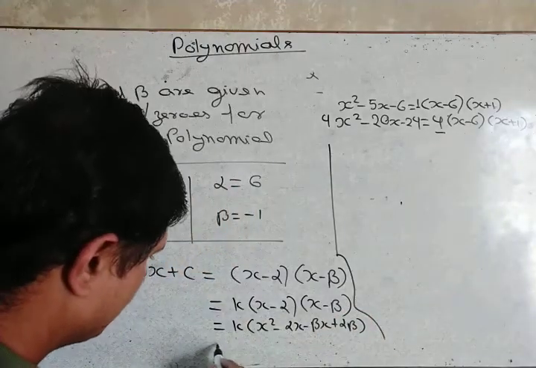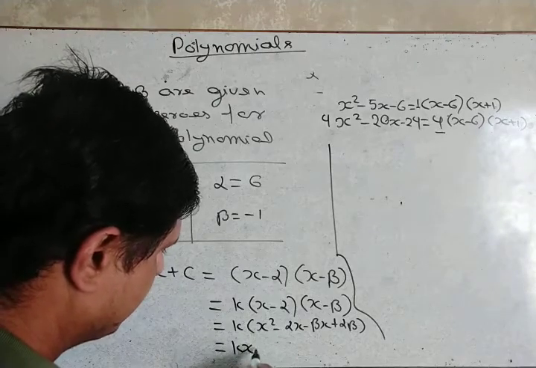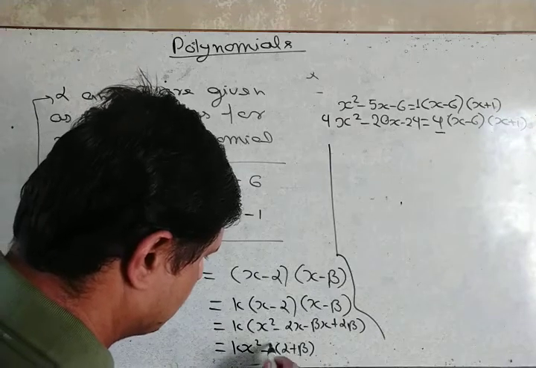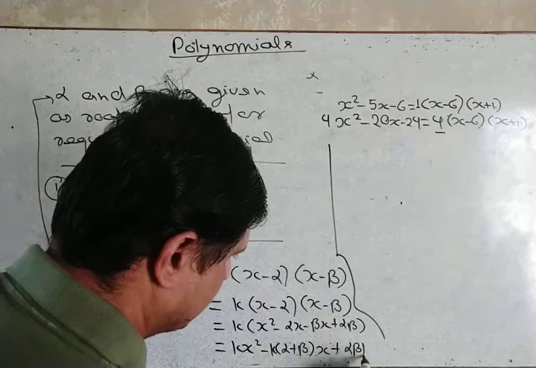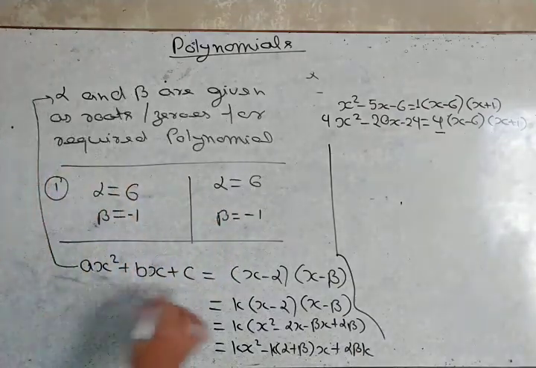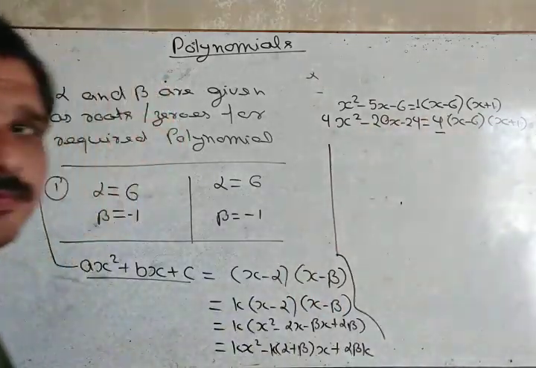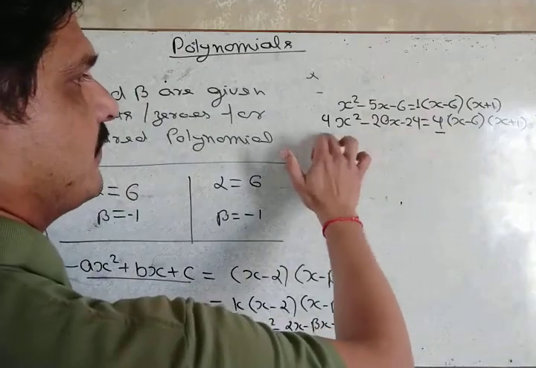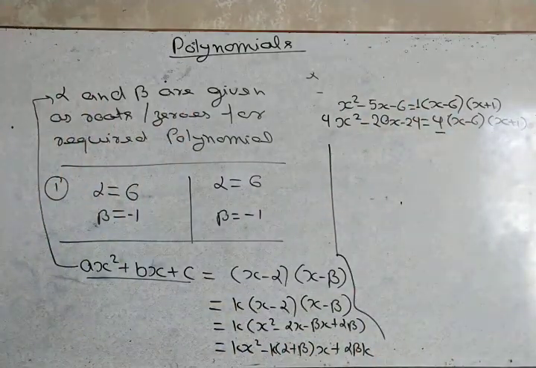Now, k times x square minus k times alpha plus beta times x plus k alpha beta. On comparing, because this equation and this equation are same, you can take 4 common and cancel out. The equations are same, so the coefficients of the equations are same.